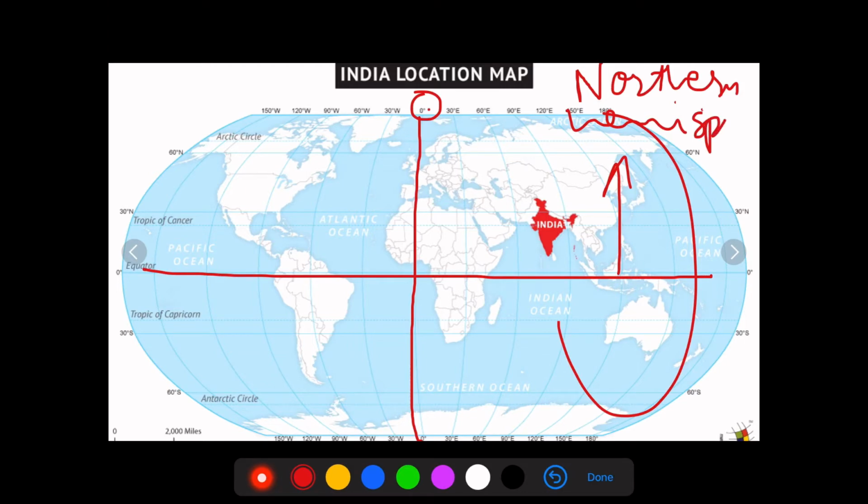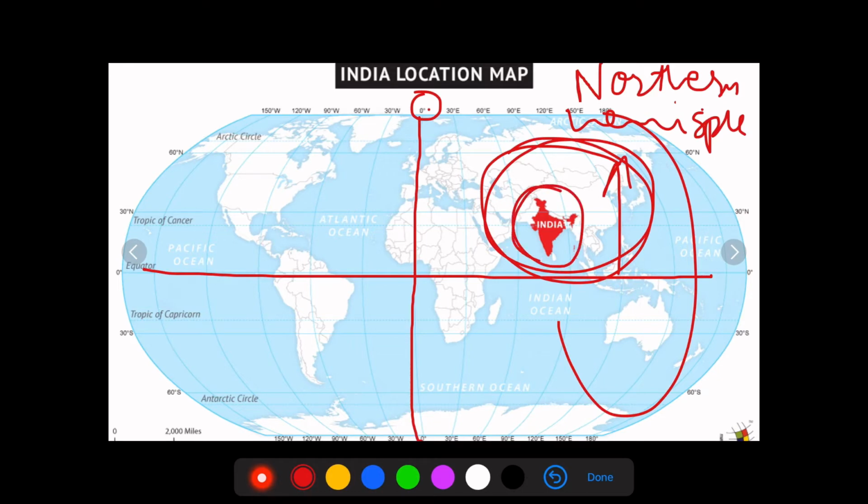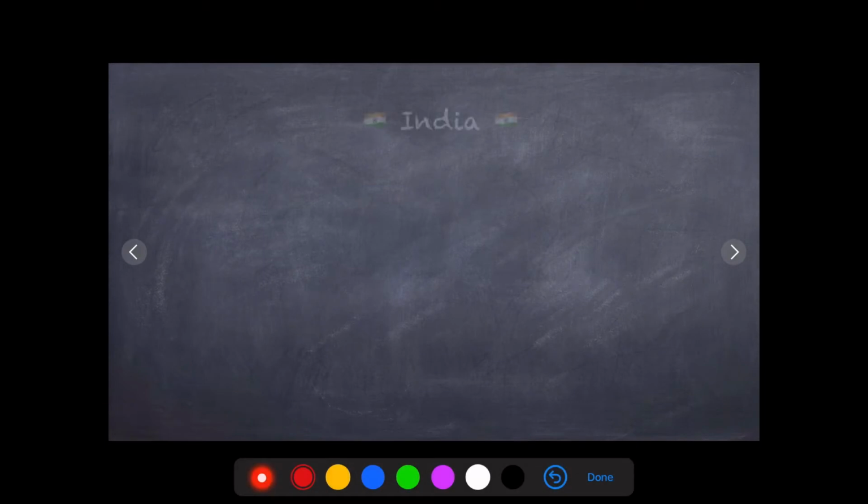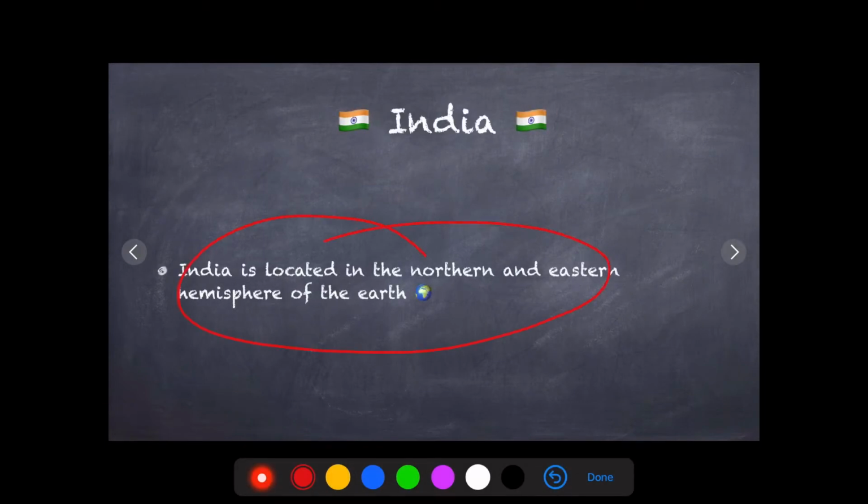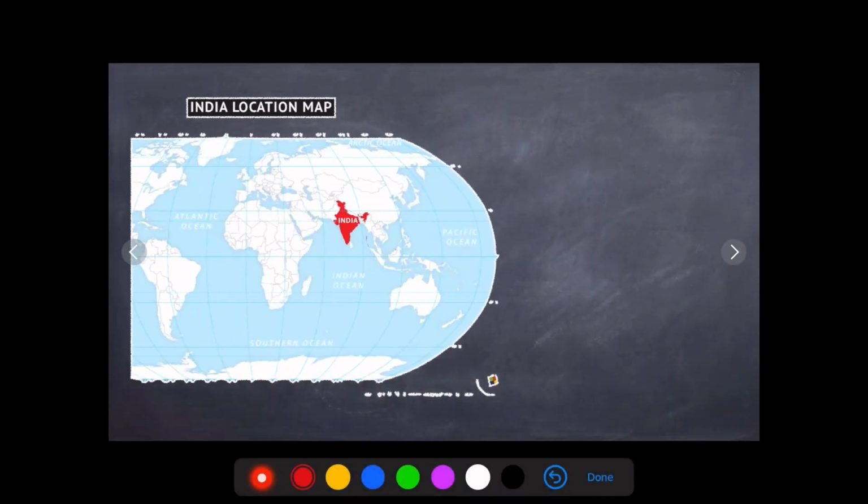Okay, and also India is located in the Asian continent. India is located in the northern and eastern hemisphere, as we have studied earlier, which I showed you in the map.